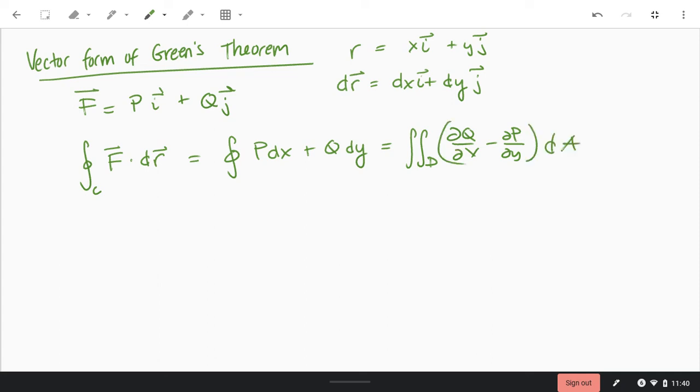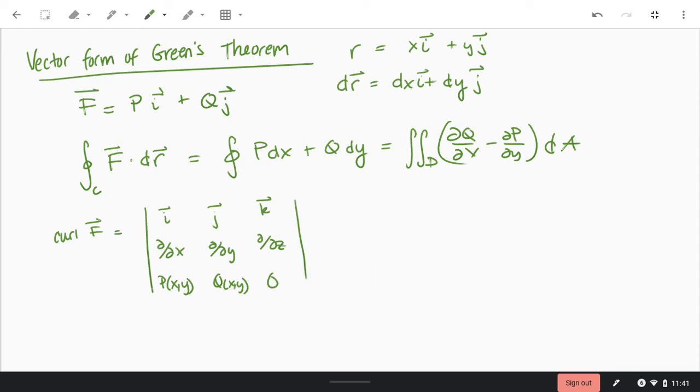So if you remember, your curl of F is the determinant of i, j, k, d/dx, d/dy, d/dz, P(x,y), Q(x,y), and 0, because we're working in 2 dimensions here.